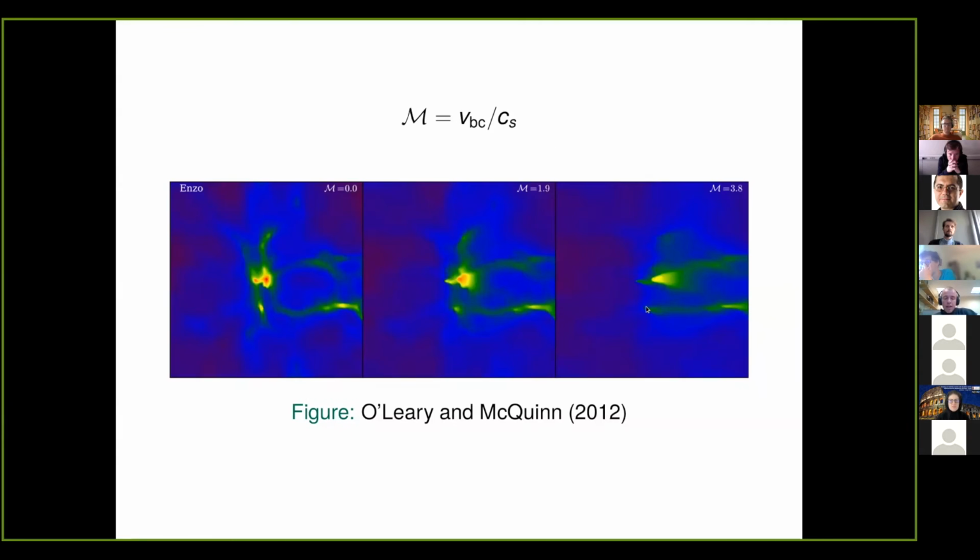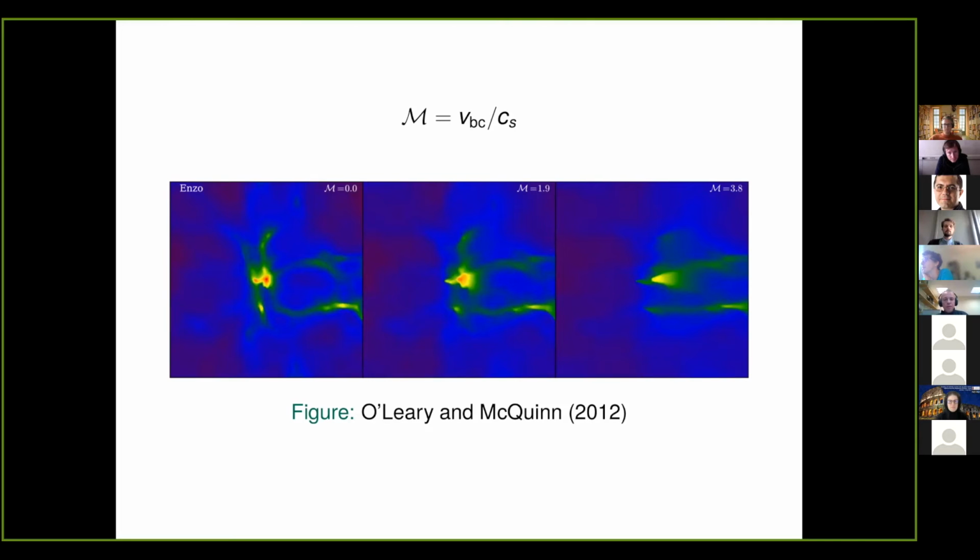And the key point is that these filamentary structures here get smoothed out, and the higher density peaks also get smoothed over too. And this is because by including this relative velocity, you're reducing the ability of baryons to collapse onto the potential well of the dark matter halo. So baryons are advecting out of the potential well created by the halo, which is why you get the smoothing of the gas distribution.